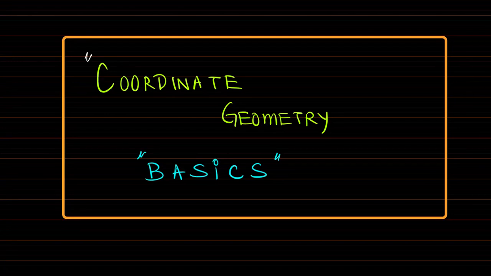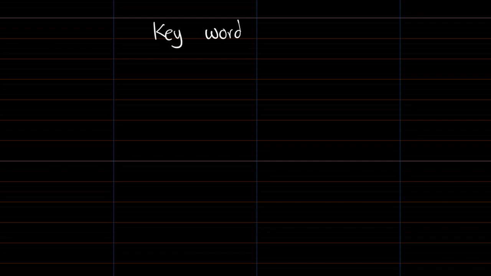We are starting with this chapter which is known as coordinate geometry, and we will be going through the basics of coordinate geometry. Now, what are the keywords that come to your mind when we talk about coordinate geometry?